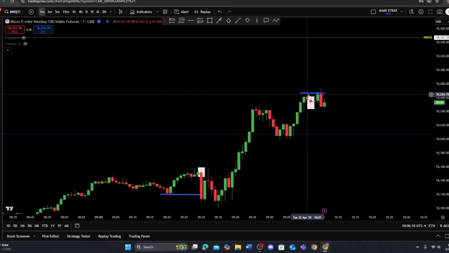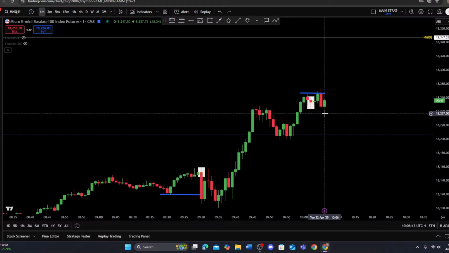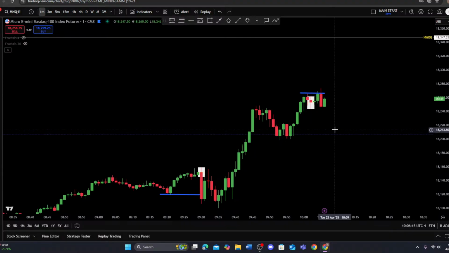Might have a potential breaker here. We break below that, and then we can see it retrace.